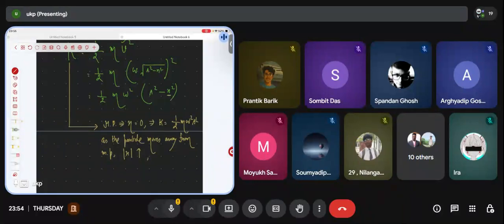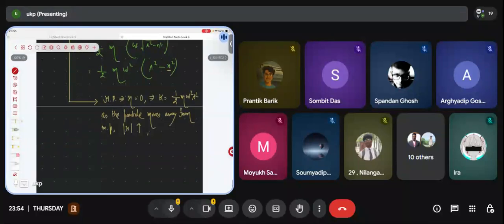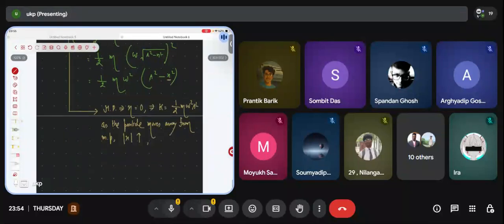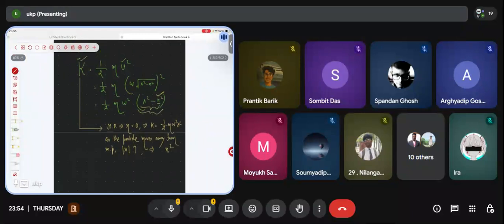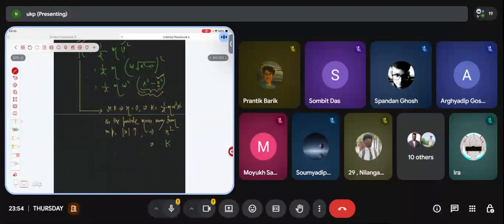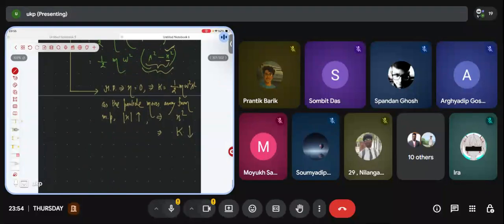When it moves away from x equal to 0, can't I say that mod x increases? Yes sir, mod x increases. If mod x increases, can I say this implies that x squared increases? Yes sir. If x squared is increasing, can I say a squared minus x squared is decreasing? Yes sir. If a squared minus x squared is decreasing, this implies that kinetic energy is decreasing. So can I make this observation, ladies and gentlemen: as the particle moves away from the mean position, kinetic energy decreases? You will say, sir, we knew this.